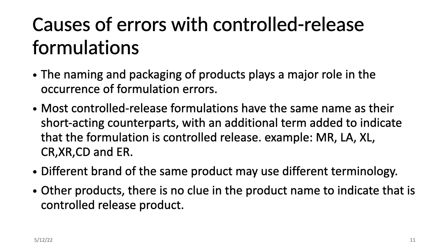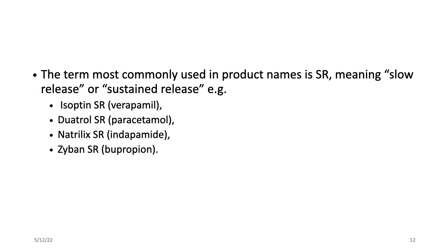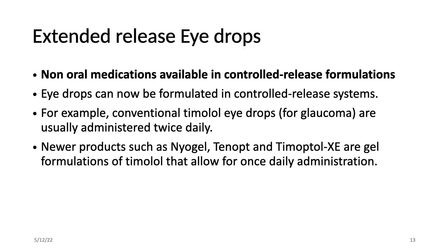Different brands of the same product may use different terminology, so there is no clue in the product name to indicate whether it's short-acting or long-acting. If you look at this medication, slow release and immediate release, you cannot differentiate from the name whether it is short-acting or long-acting.